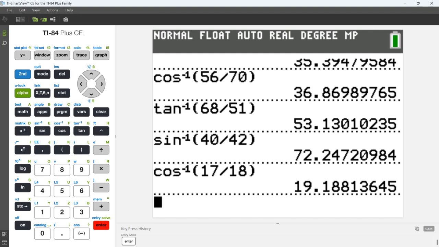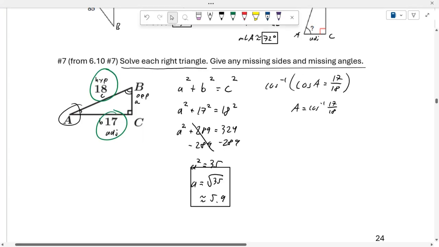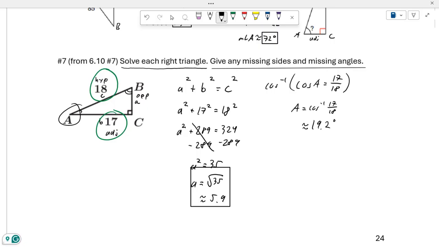For my side length, I rounded to the nearest tenth, so for this one I will also round to the nearest tenth, and this is 19.2. So this is approximately 19.2 degrees. If you want an exact answer, your exact answer is this, right?